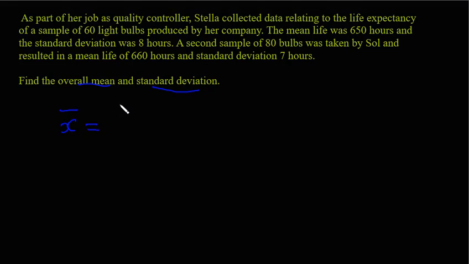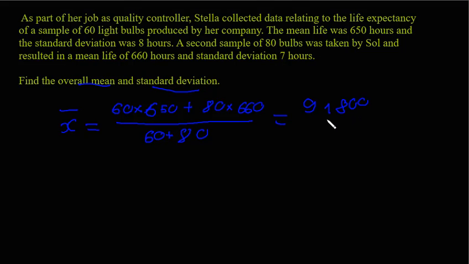So we find the total life expectancy of the 2 samples: 60 multiplied by 650 plus 80 multiplied by 660, over 60 plus 80, because it's the overall, so our total sample has 140 bulbs. So 92,000... over 140 results in 656 hours, rounded to 3 significant figures.